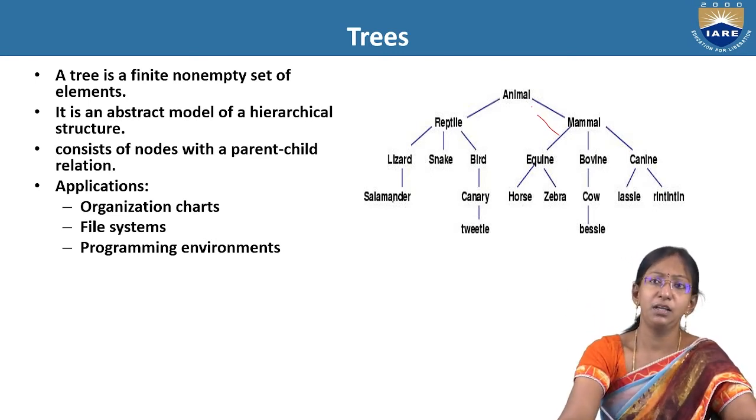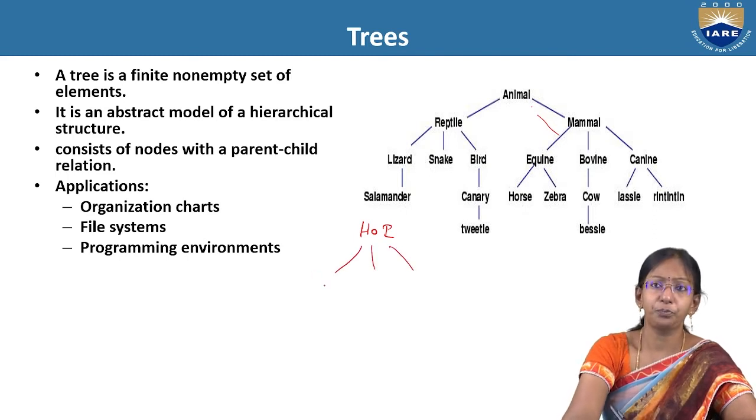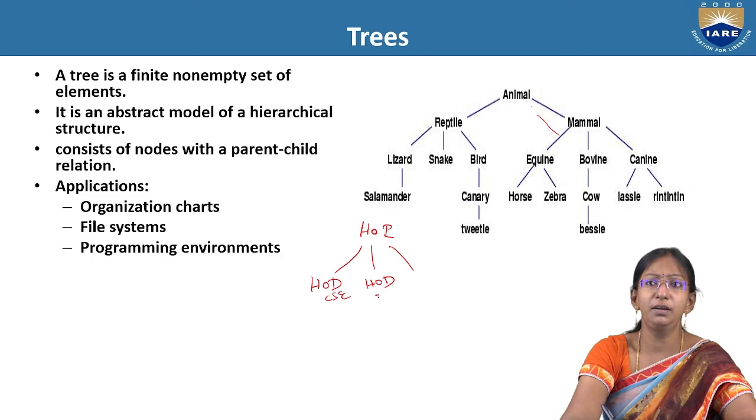For example, in our institute, the HOI acts as the root node. He is the head of the institute, followed by the HODs of various departments, say HOD of CSE, HOD of EEE, HOD of EC, right?